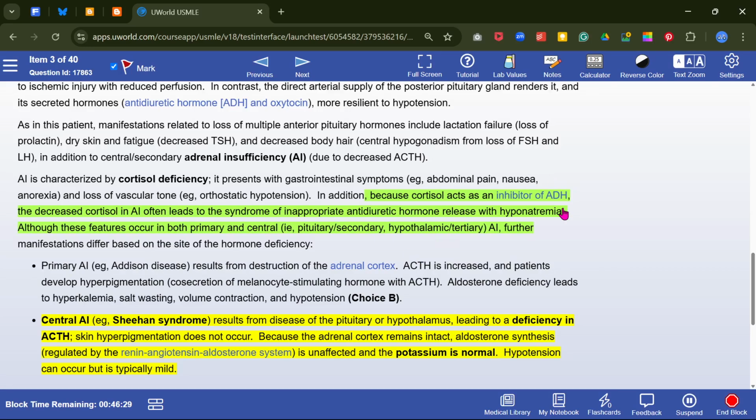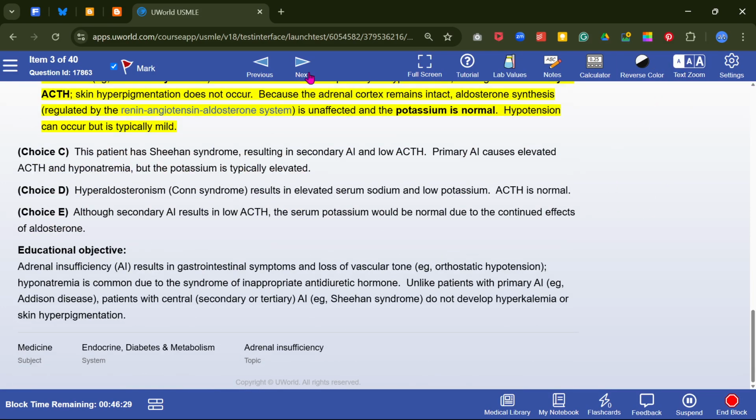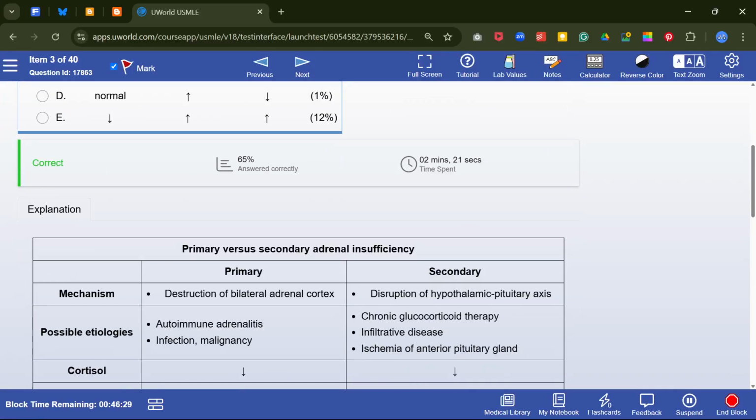The adrenal cortex remains intact, so aldosterone synthesis required by the renin-angiotensin-aldosterone system is unaffected, and potassium level is normal. Hypotension can occur, typically mild. So this is all about primary versus secondary adrenal insufficiency. Hope you enjoyed.